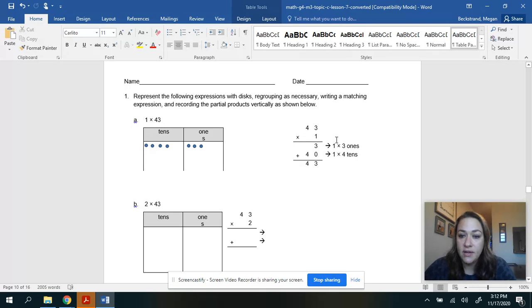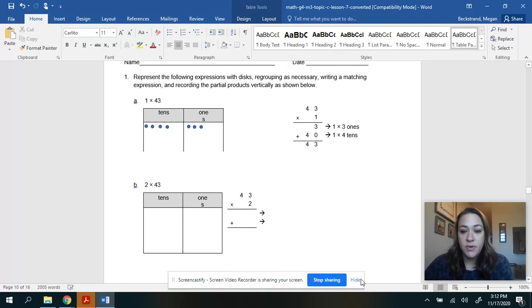But just to see the breakdown of the partial products off to the side, it shows what we're doing first. So we're taking 1 times our 3 ones. 1 times 3 ones is equal to 3. 1 times 4, but it's not just 4, it's 1 times 4 tens. So 1 times 40 is equal to 40. And then you add those two partial products together to get your final product.